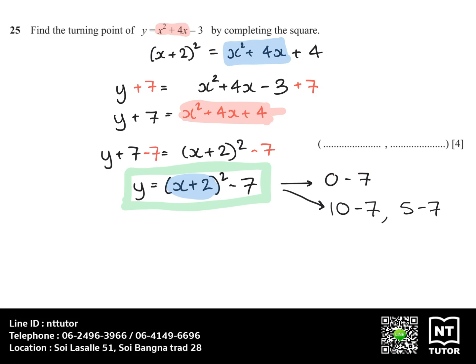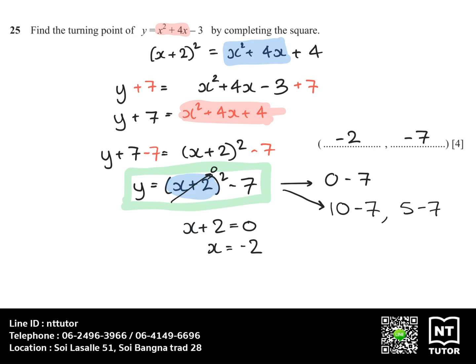So we want to solve for when the inside of the bracket is equal to 0. So that's x plus 2 equals 0, and that happens when x equals minus 2. And when x equals minus 2, the bracket becomes 0. So our y value is minus 7.